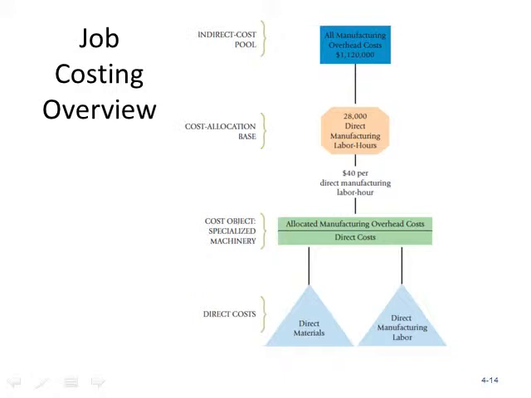So we divide the $1.1 million by the 28,000 estimated hours to get to $40 per direct manufacturing labor hour, which will be allocated to the job, along with the direct costs, which, as we talked about earlier, are not allocated, they're direct.